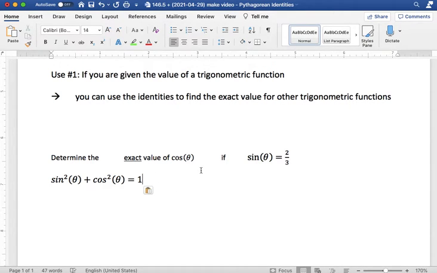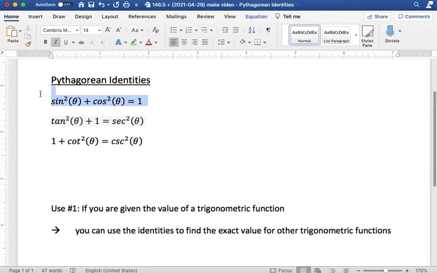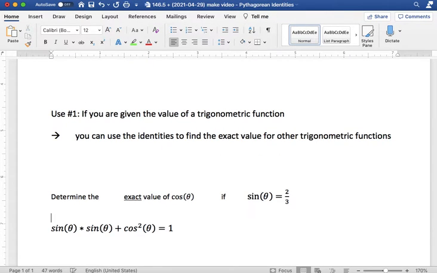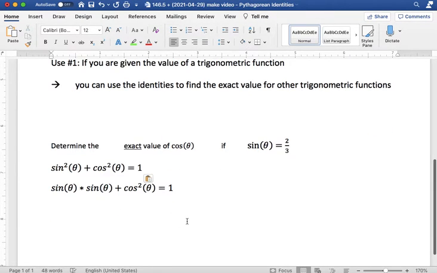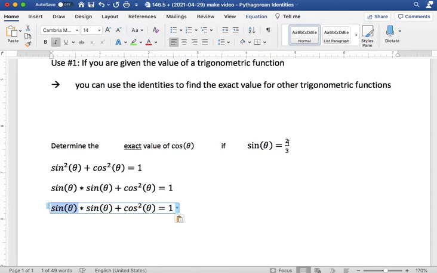So I know that this sine squared of theta, just a reminder, just meant sine of theta times sine of theta. I want to type out each little step. Okay. And I know that this sine of theta here is equal to 2/3, exactly.